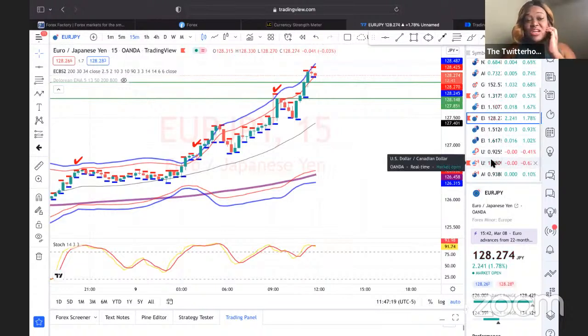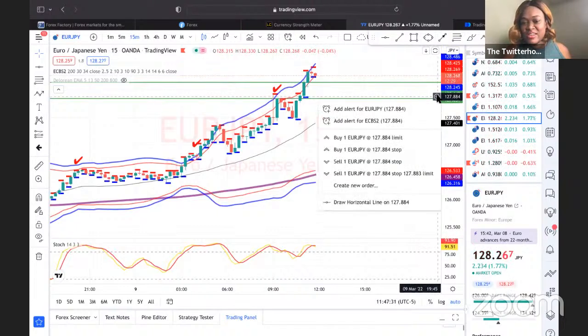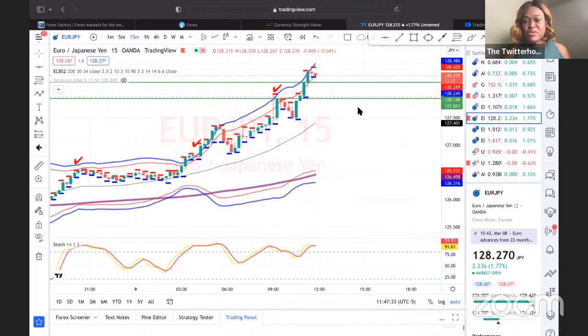And this is where you can set your alert. While we're watching USD CAD, we can set an alert right here for Euro JPY. I have the TradingView app on my phone.